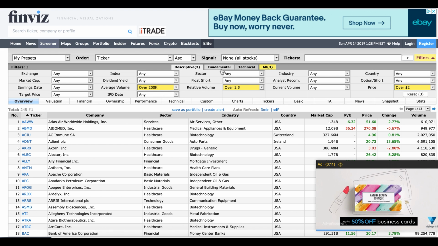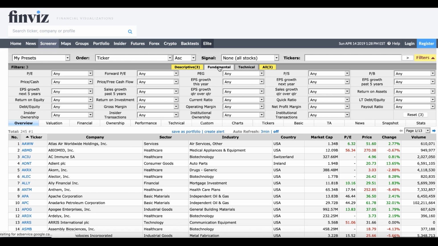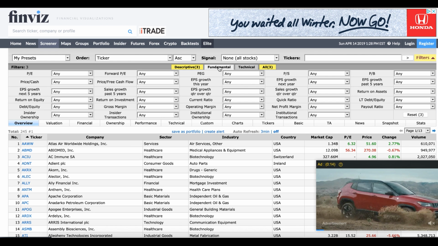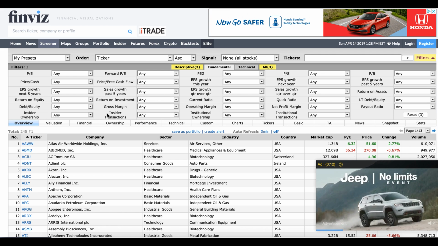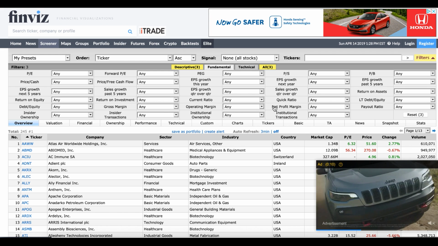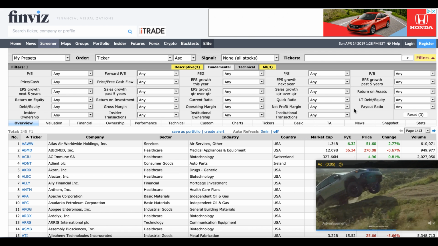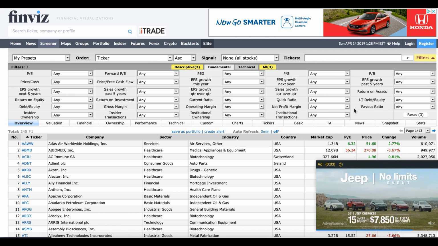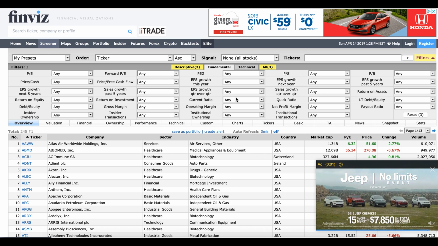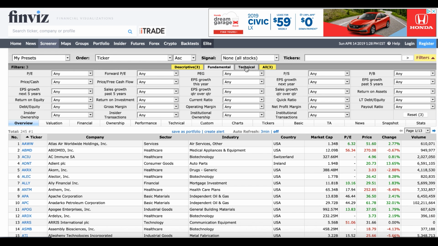You can see here there's 3 tabs. You've got descriptive, fundamental, and technical. Let's go to the fundamental page next. I don't generally use much of these. You can use some of them. I might come back to it if I wanted to filter out, get the list down a little bit lower. But I generally don't use the fundamental page too much.